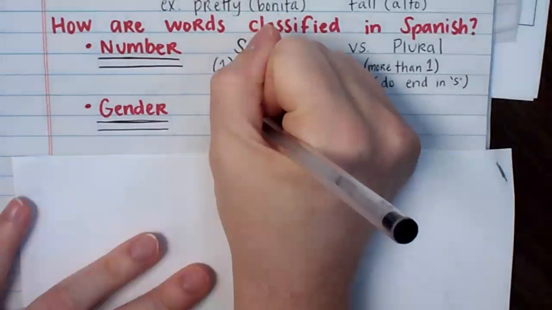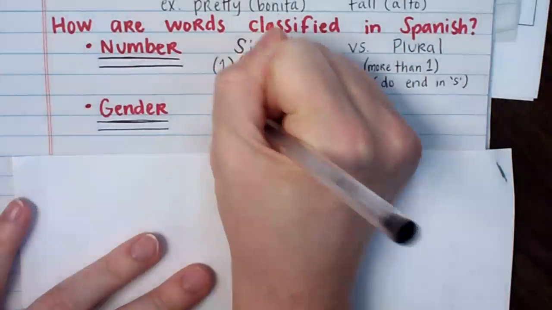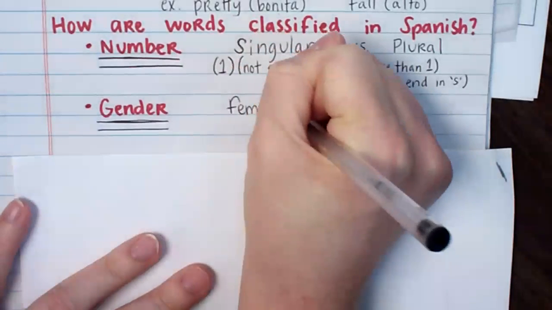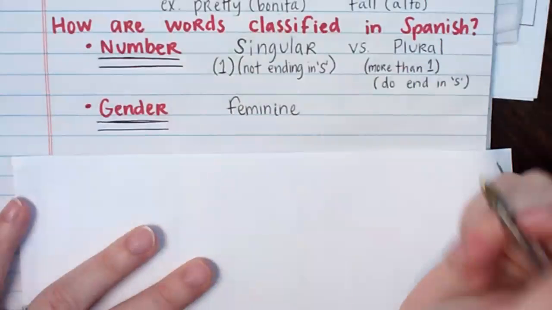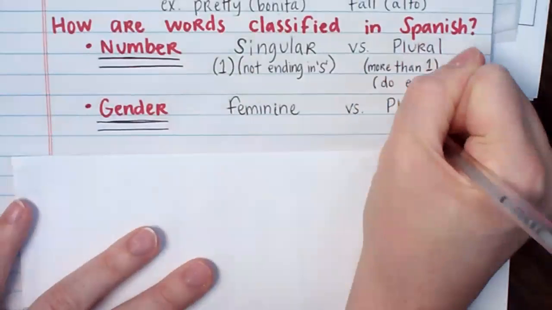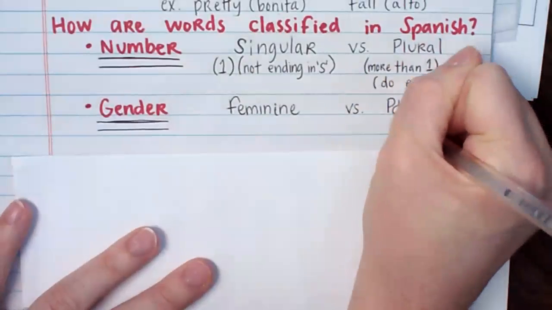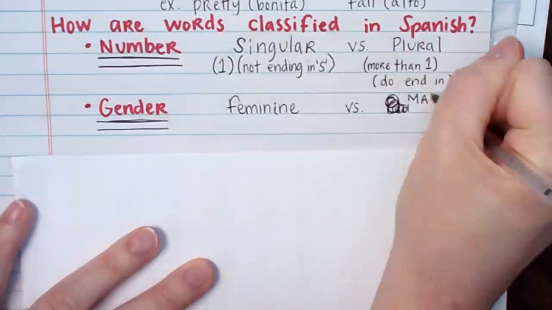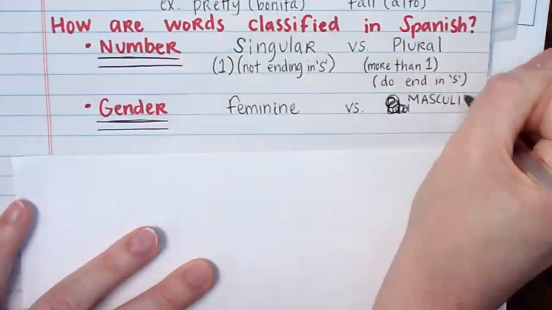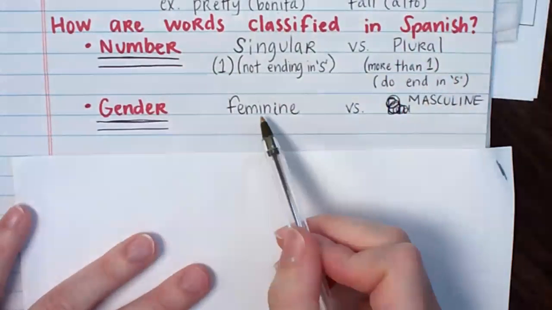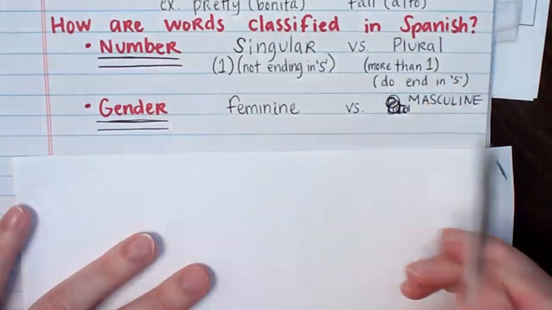So the two genders in Spanish, we're going to classify things as either feminine or, not plural, I'm crazy, sorry, masculine. So we have to determine, is that word feminine or is it masculine?